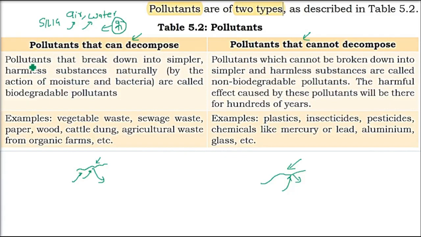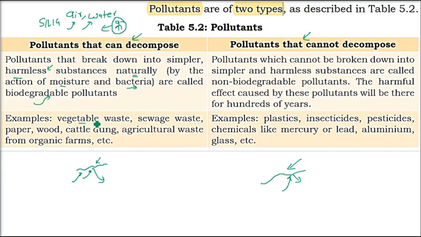Pollutants that break down into simpler, smaller, harmless substances naturally, that is by mother nature, by the action of say temperature, pressure, moisture, bacteria, microorganisms. These are called biodegradable pollutants.